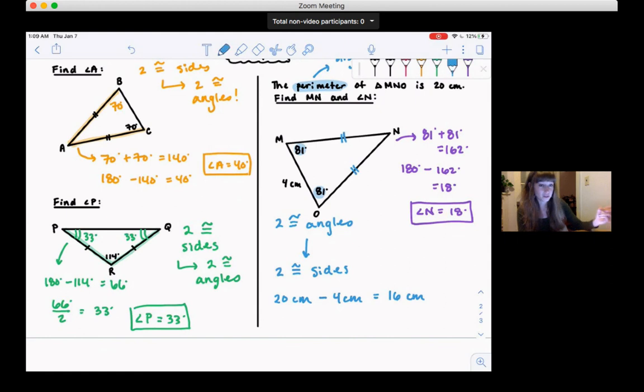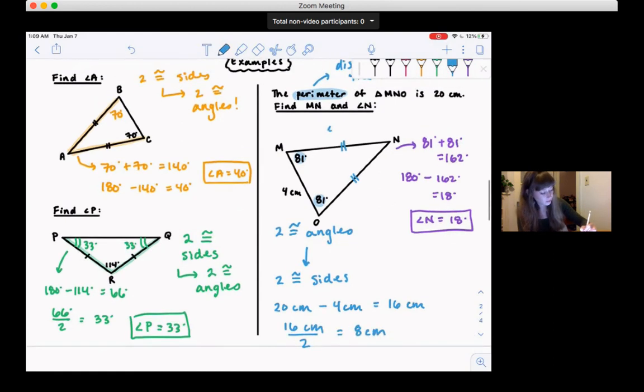We also know that they're equal to each other, so to find just one of them, we could do 16 centimeters, cut it in half, and we get 8 centimeters. So MN is 8 centimeters. All right, so that's isosceles triangles.